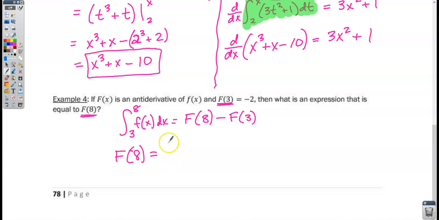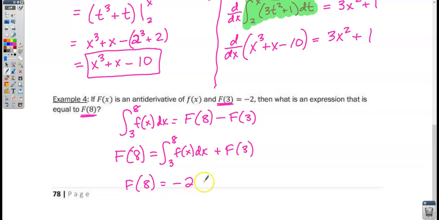Capital F of 8 is equal to the integral from 3 to 8 of f of x dx plus capital F of 3. And we're told that capital F of 3 is negative 2. So I probably would write this as capital F of 8 equals negative 2 plus the integral from 3 to 8 of f of x dx.